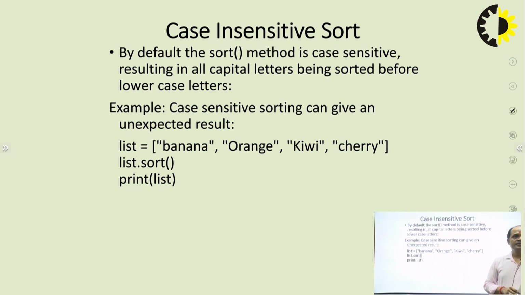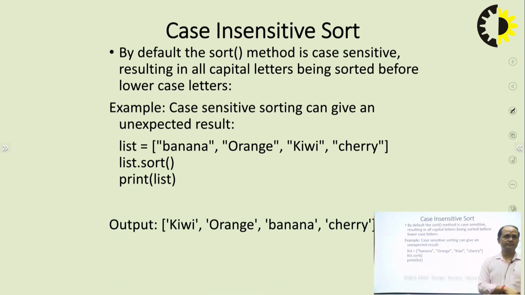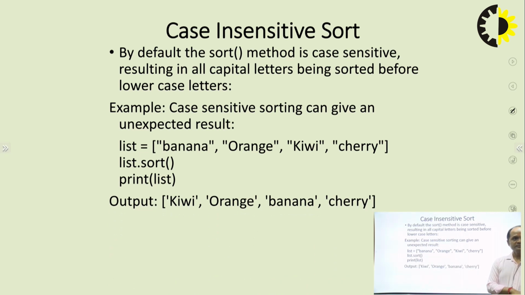Case insensitive sort. Suppose we have a list and list dot sort. All capital letters are sorted before lower case letters. Suppose we have a list banana, orange, kiwi and cherry, and we want all capital letters on one side and all small letters on the other side.